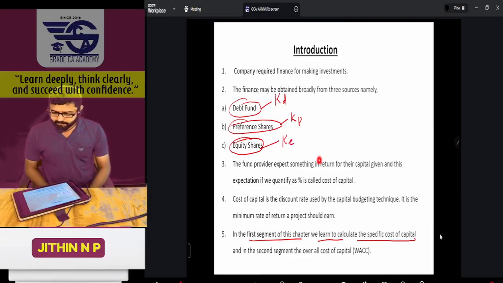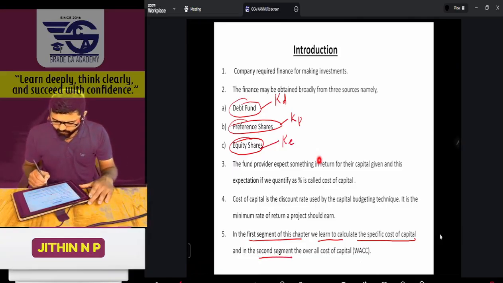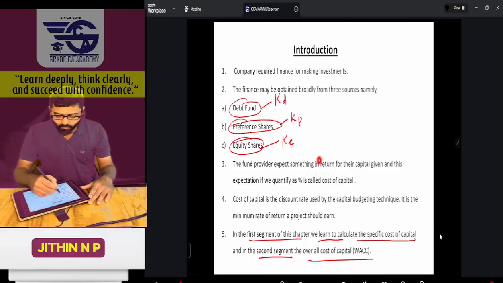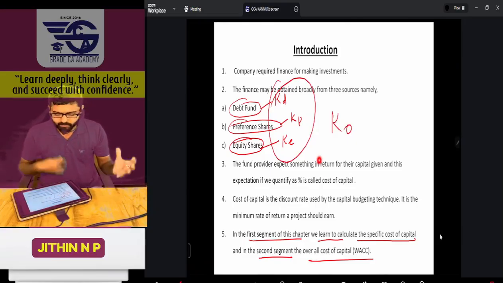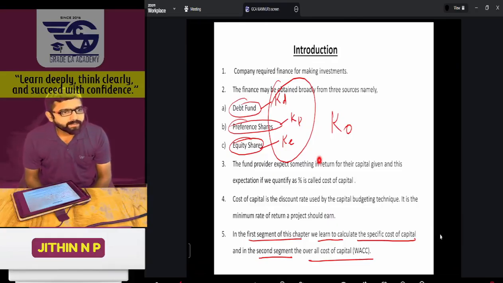In the first segment of this chapter, we learn to calculate the specific cost of capital, and in the second segment, overall cost of capital. Overall cost of capital is KO. Overall cost of capital means the total of KD, KP, KE.